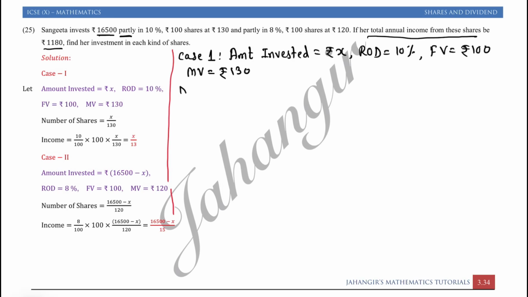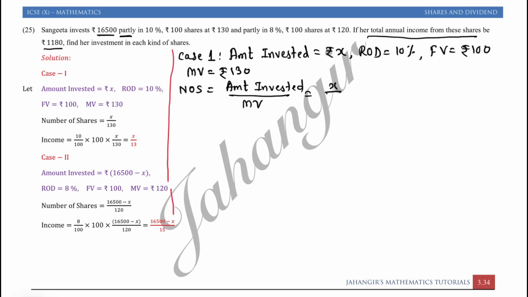So number of shares is equal to amount invested upon market value. So amount invested is X upon market value. I did wrong. Upon market value.